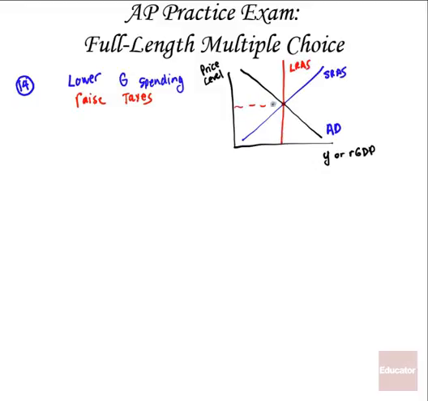Now, if you do a combination of the two, then you're going to have a problem here, because the aggregate demand is going to decrease. So AD1 now turns to AD2 as a result, Y2, and PL2. The price level goes down, the GDP goes down, and therefore the unemployment is going to go up. Again, keep in mind, real GDP and unemployment are inversely related. So the answer to this problem is going to be A, unemployment.